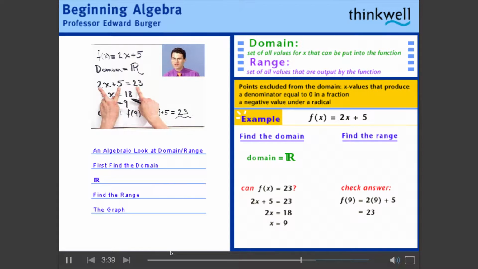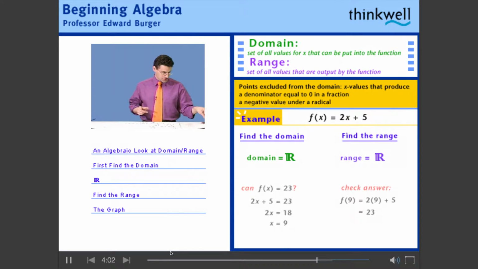I can always solve that equation. It's a linear equation. So I bring this over and divide by 2. So in fact, the range, the y values that I possibly hit, turn out to be all the real numbers as well. So here's an explicit example where, without looking at the picture at all, I was able to see what the domain and the range is.